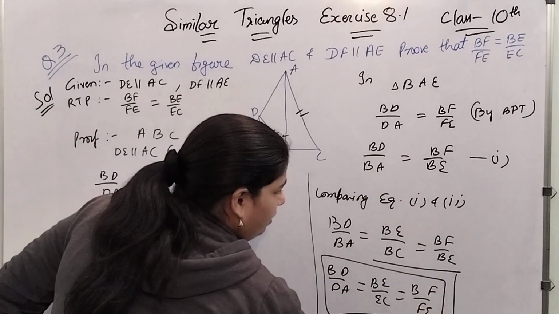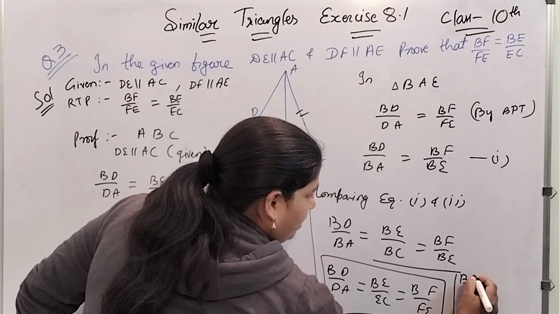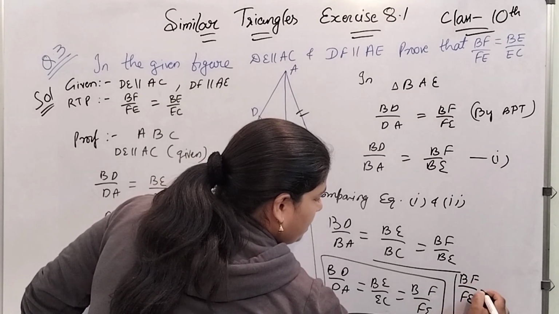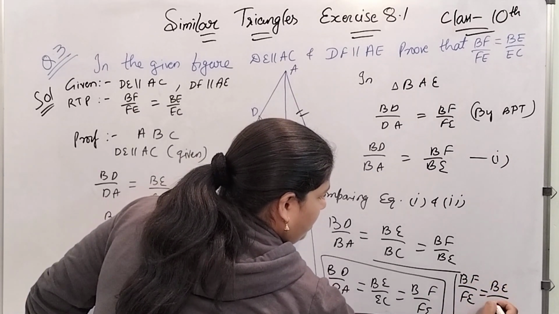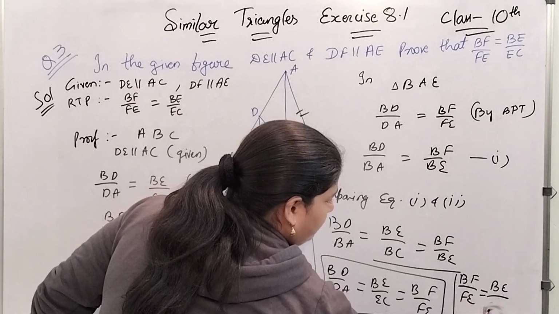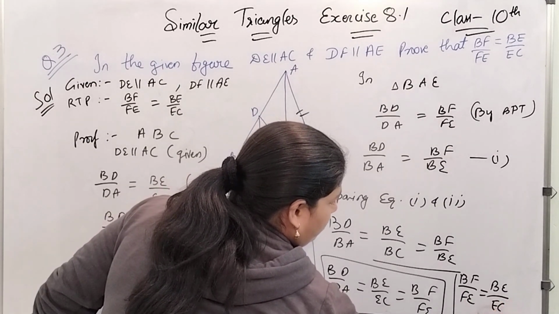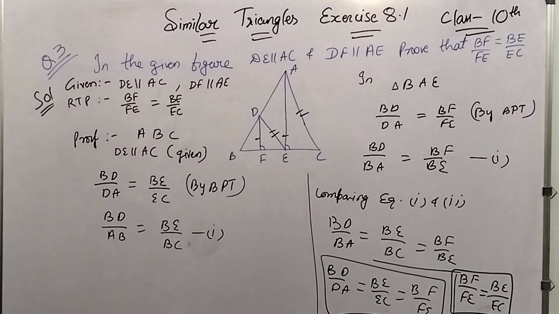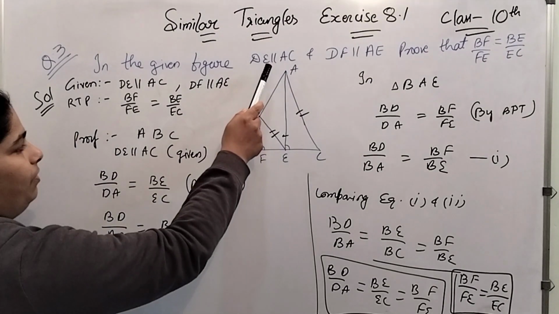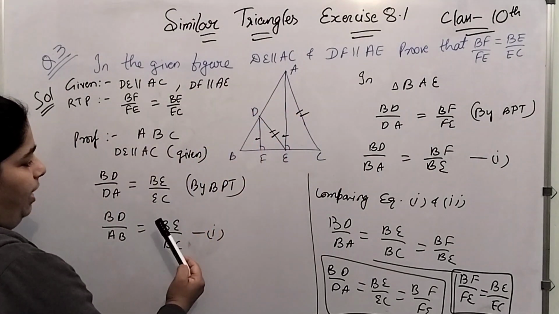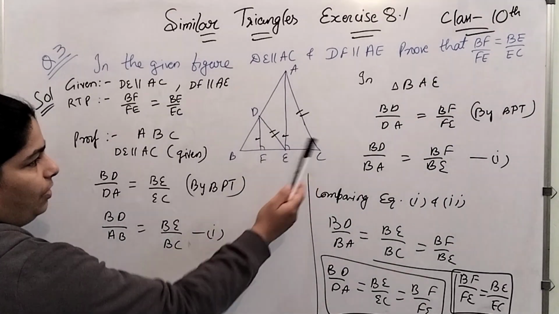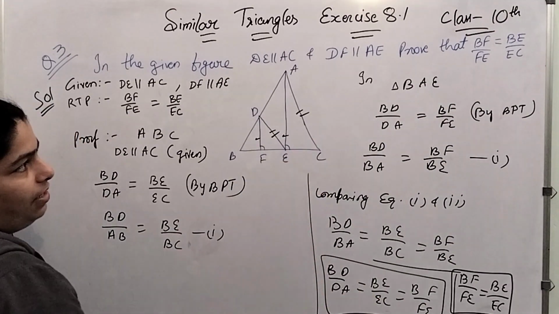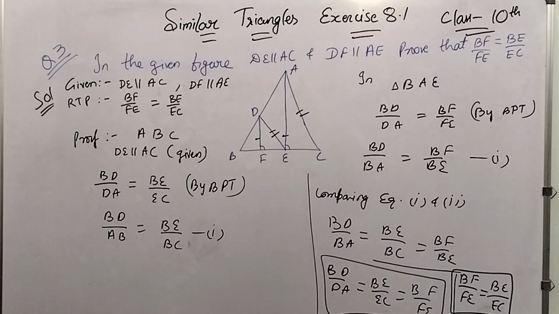Therefore, the result here comes out BF by FE is equal to BE by EC, which is what we are asked to prove. Hence it is proved by using BPT. Therefore, in this question we have taken two triangles and two different results, and we have equated the results and got the desired result which is asked in the question. Okay, now we will move on to question number 4.